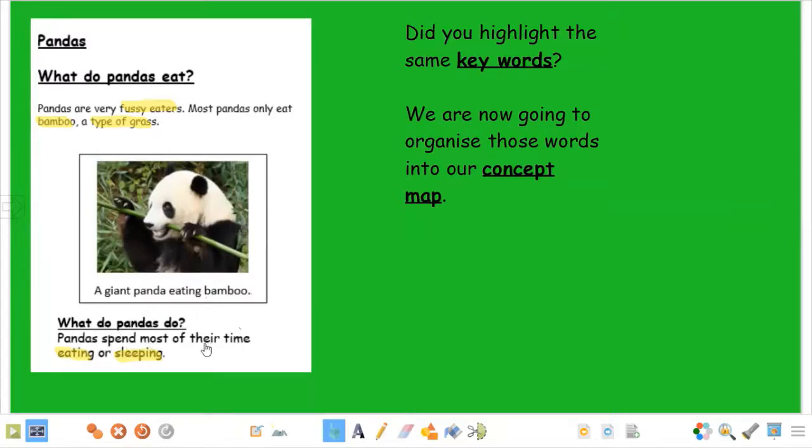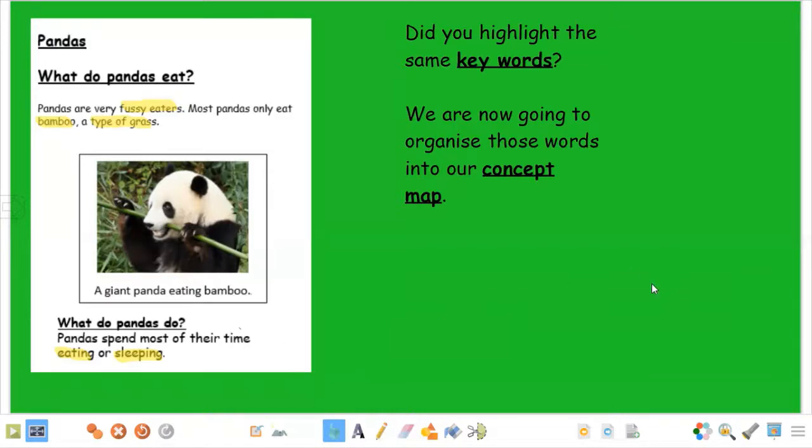Pandas spend most of their time eating or sleeping. So what I've done there is I've highlighted 2 words. Now, if you know already, those are verbs, but they're verbs in the continuous sense because they both end with ing, eating, sleeping, to show that something is ongoing. So I've highlighted those as being the key words. Maybe you chose some different words as well as mine.